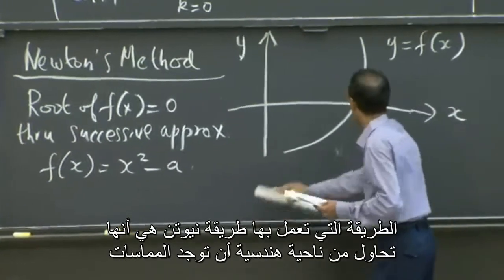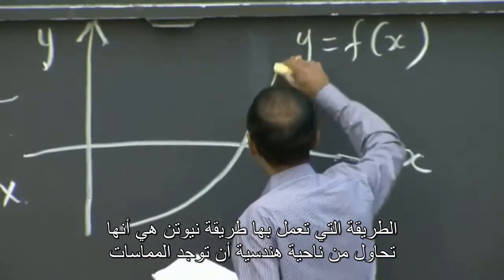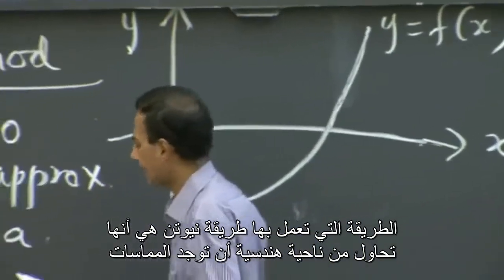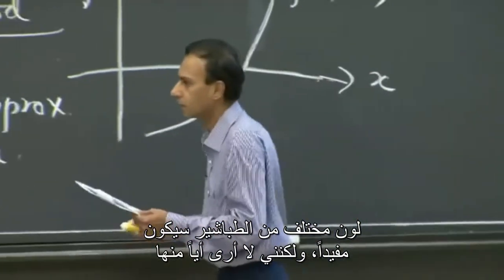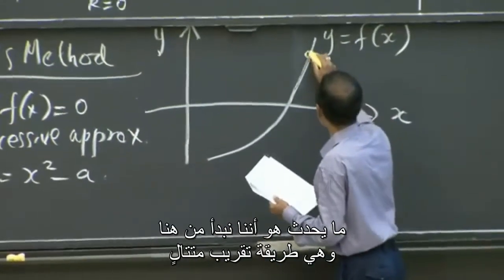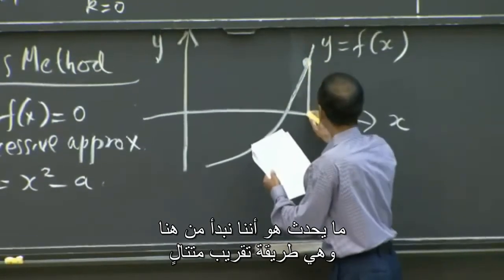So the way Newton's method works is it tries, geometrically speaking, to find tangents, and a different colored chalk would be useful here, but you don't seem to see one. So what would happen is, let's say you're sitting out here, and it's a successive approximation method.